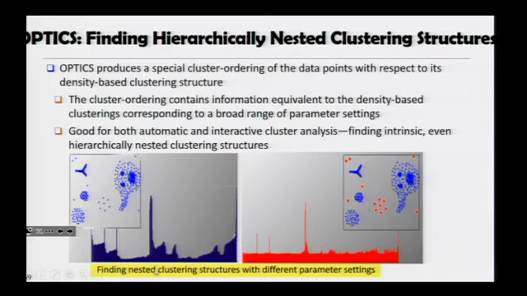People have run the OPTICS algorithm using two different minimum points settings, but at the end of the algorithm, you see the shape of those clusters is almost the same.